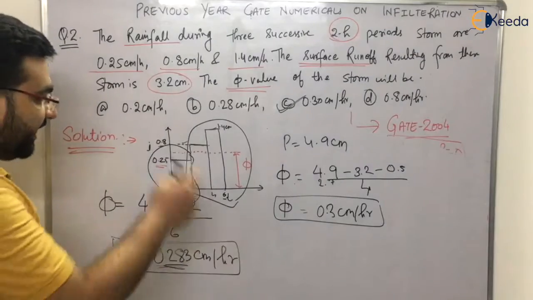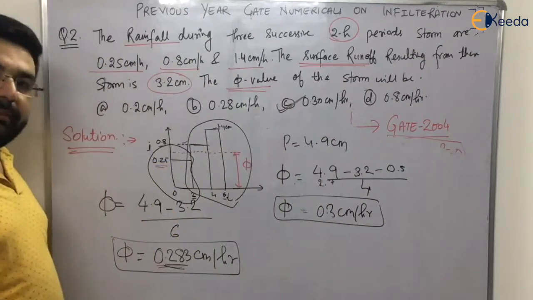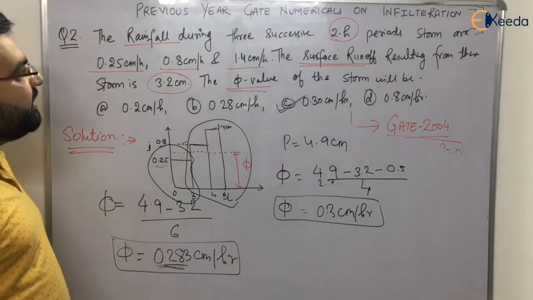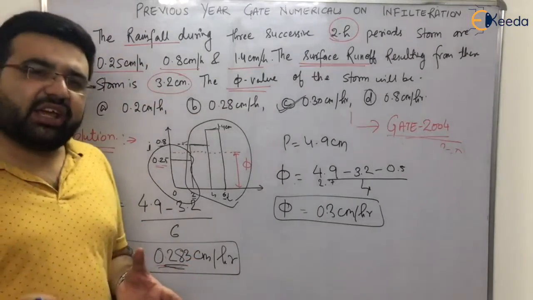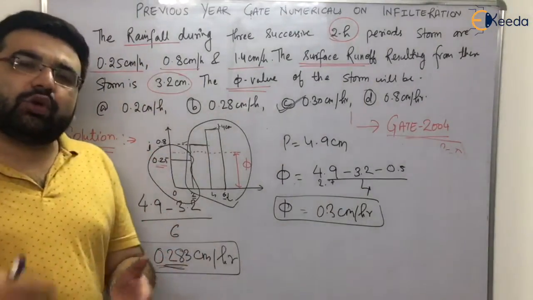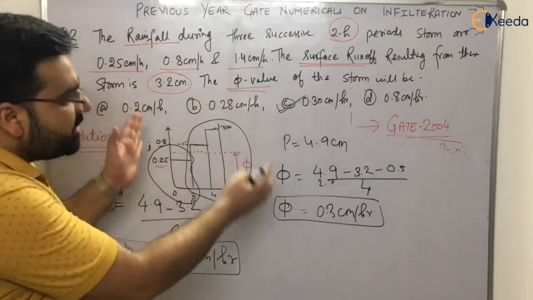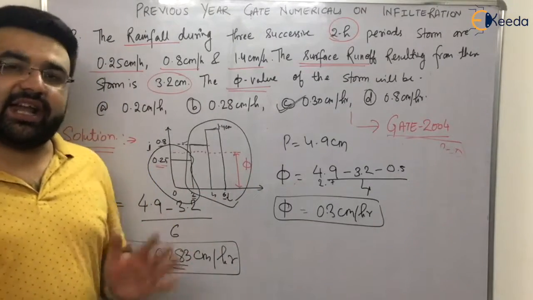But initially we calculated the runoff also, so we have to subtract it. Simple. Clear? Okay. Now I hope that you have understood some previous year GATE numericals, which I thought were a little bit tricky. Otherwise, if you look at the previous 25 years of GATE numericals, they are very easy. Now, if you have understood the concept, you will be able to solve each and every numerical. That I can guarantee.